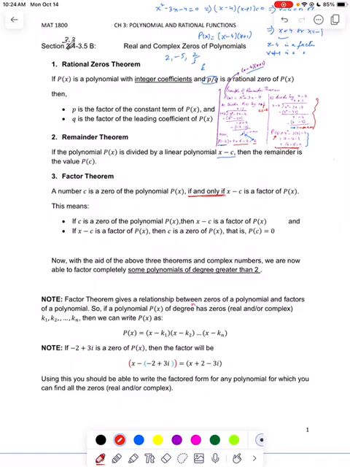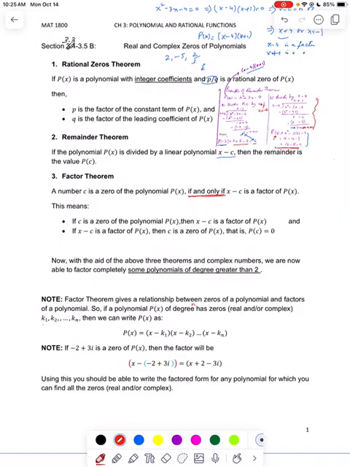Note that the factor theorem gives us a relationship between zeros of the polynomial and the factors of the polynomial. So if a polynomial p of x of degree n has zeros, real or complex, k1, k2 up to kn, then we can write p of x as x minus k1, x minus k2, and so on, up to x minus kn.